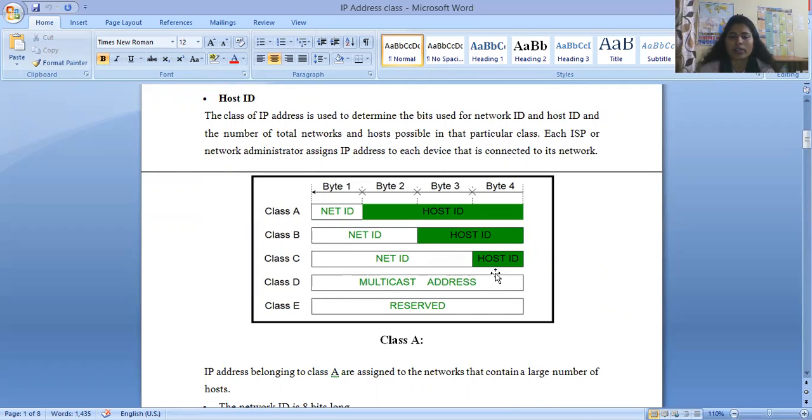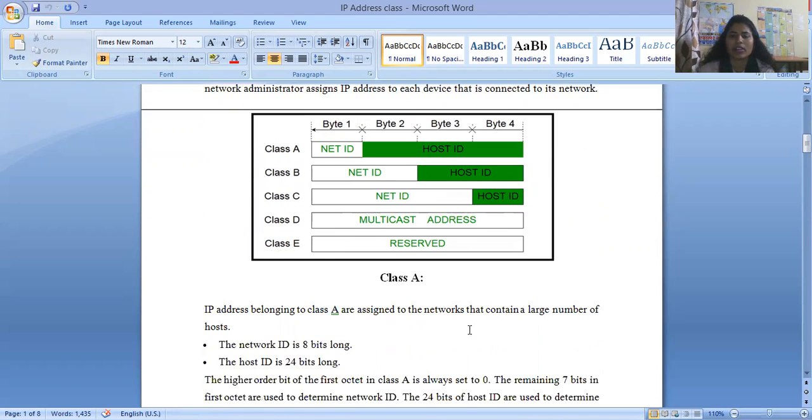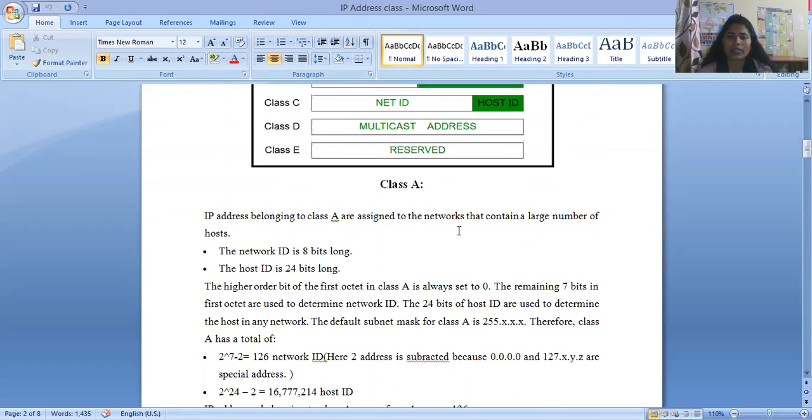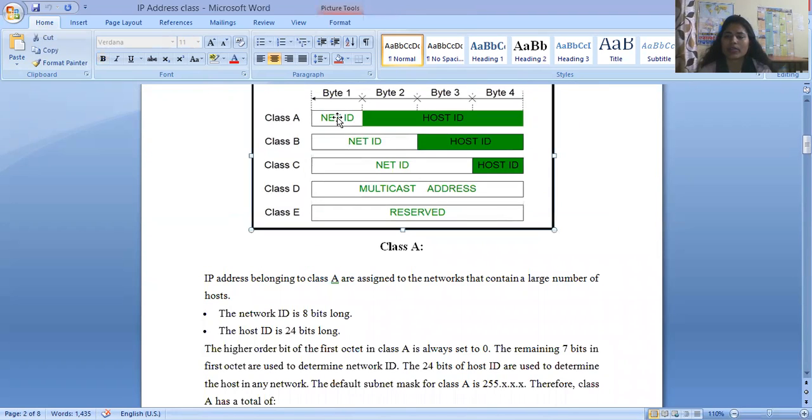Class D is reserved for multicast addresses and class E is reserved for experimental addresses. IP addresses belonging to class A are assigned to networks with a large number of host addresses, because we use only 8 bits for the network ID and the rest, 24 bits, for the host ID.